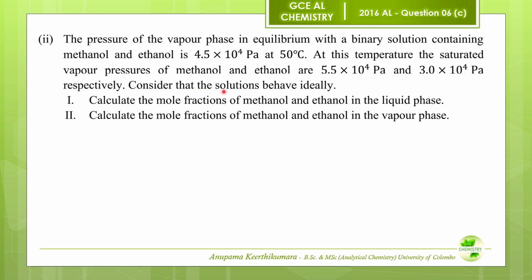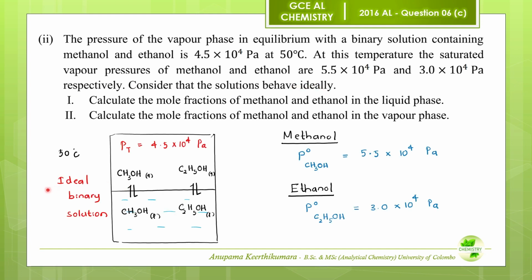Consider that the solutions behave ideally. This is an ideal binary solution where liquid methanol and liquid ethanol are in equilibrium with gaseous methanol and gaseous ethanol. The saturated vapor pressures and the total pressure were given in the question.